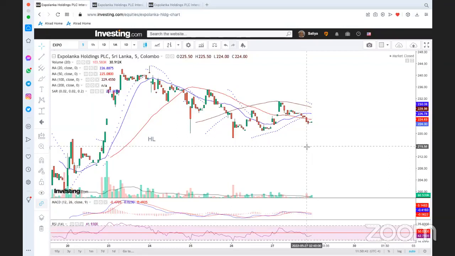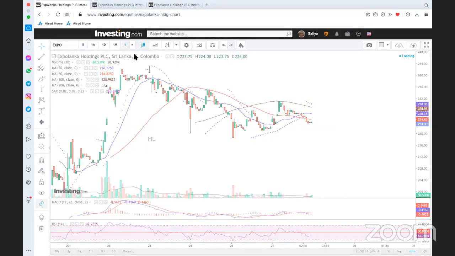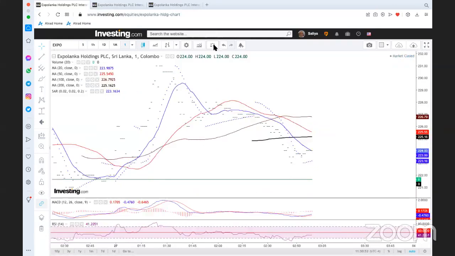Marky said he's using the 1-minute chart. There again, I'm sure you're aware, unfortunately, this is how investing.com shows you the candles.